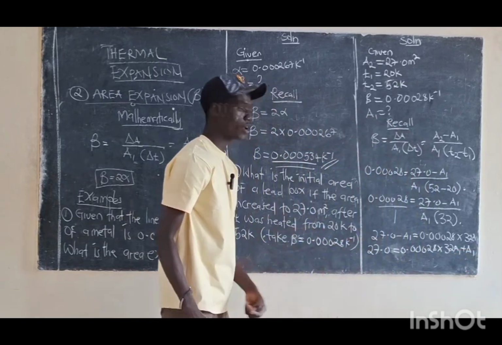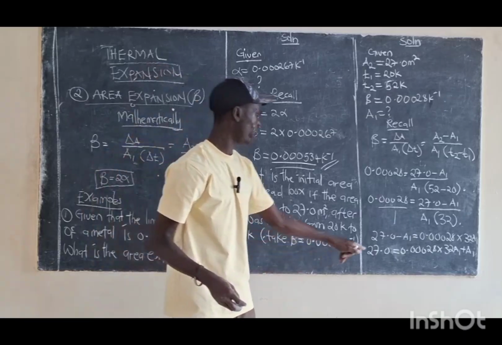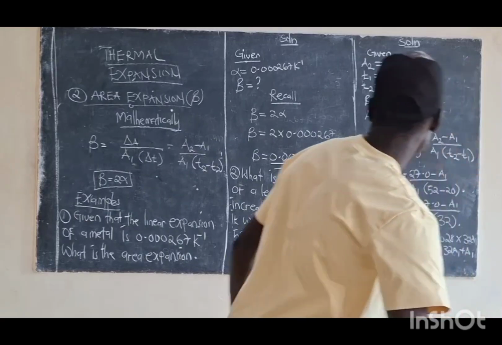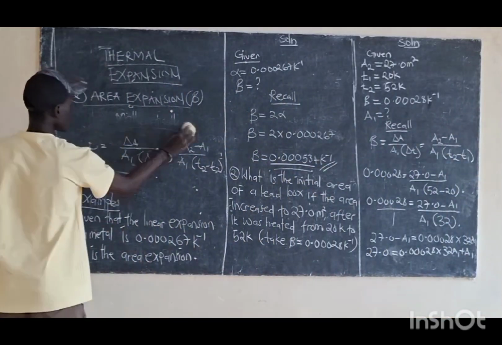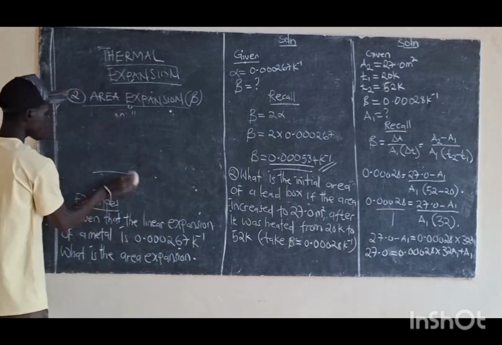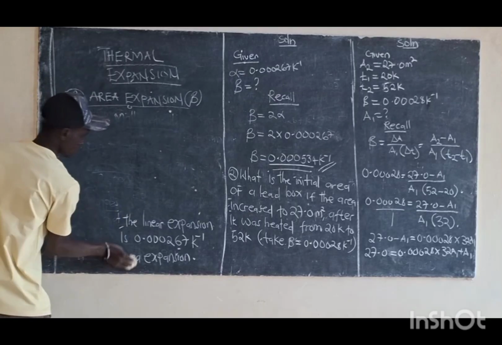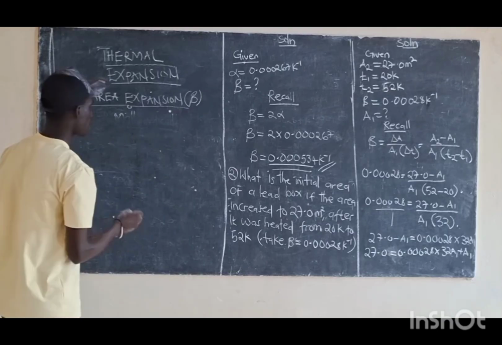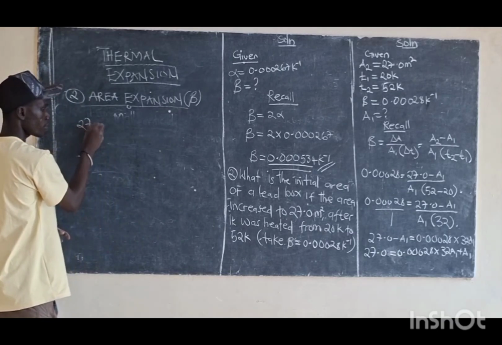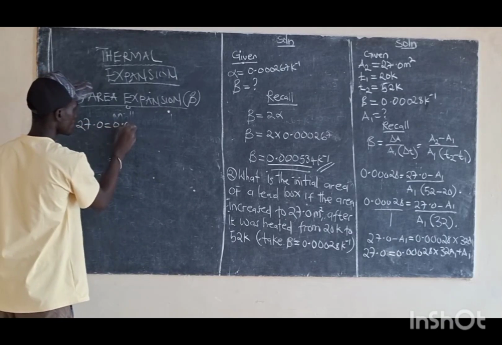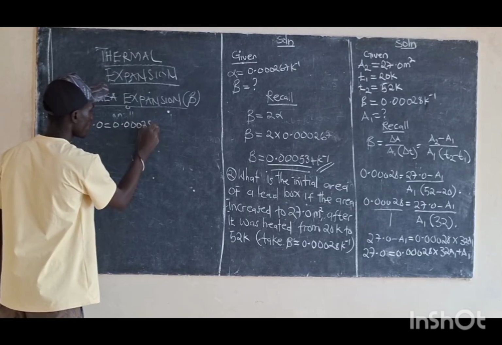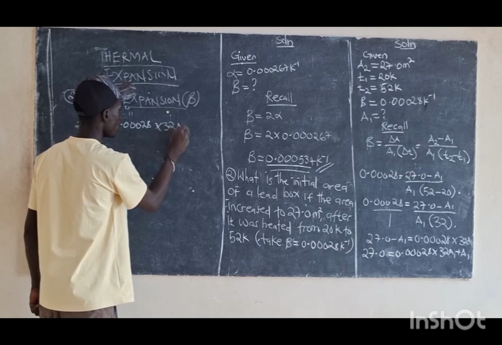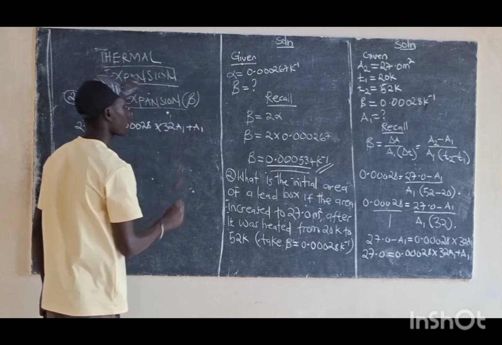If you take minus A1 to the other side of the equation, you will get positive A1.